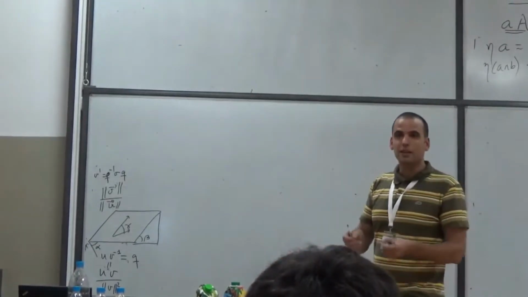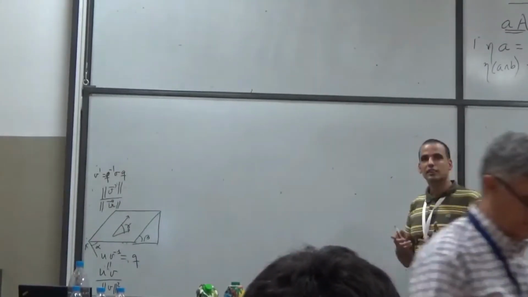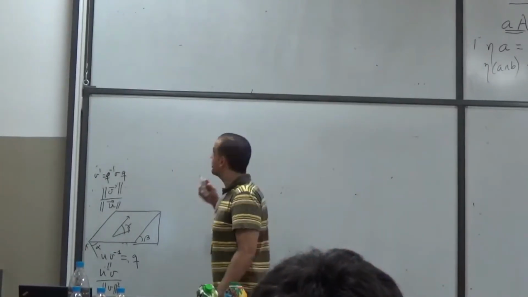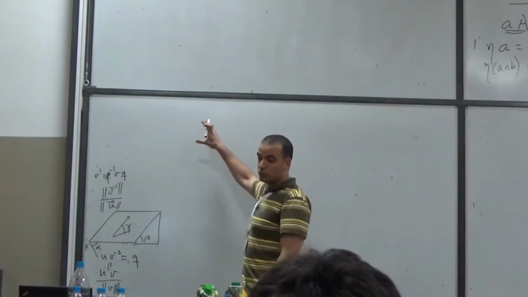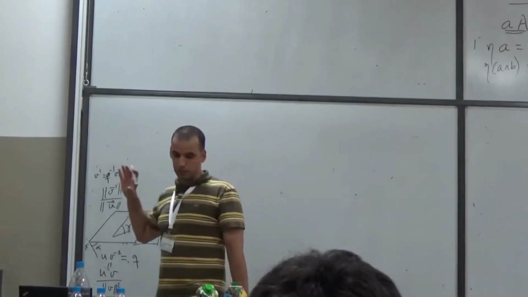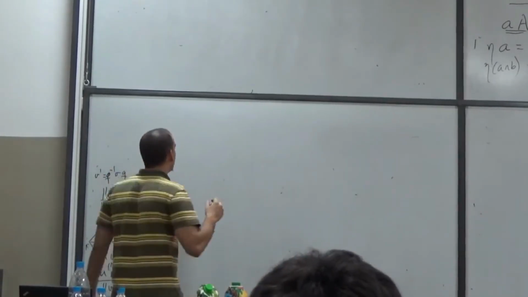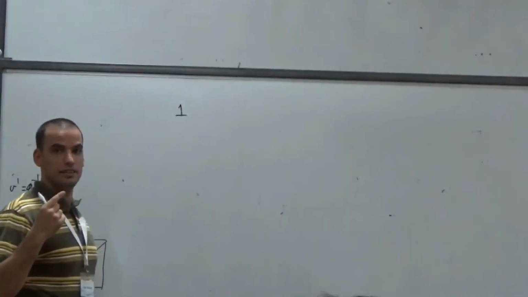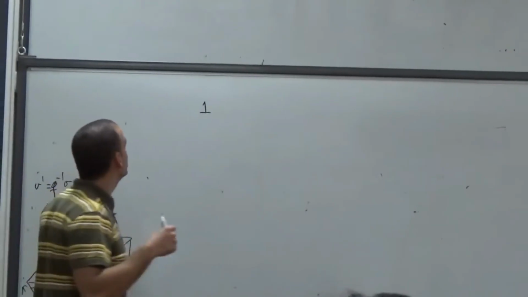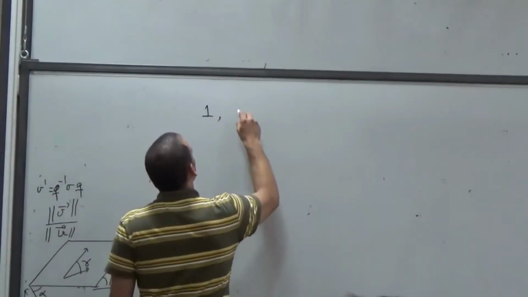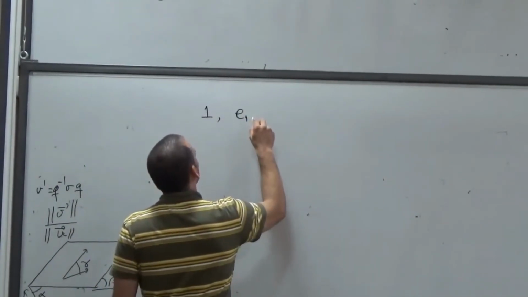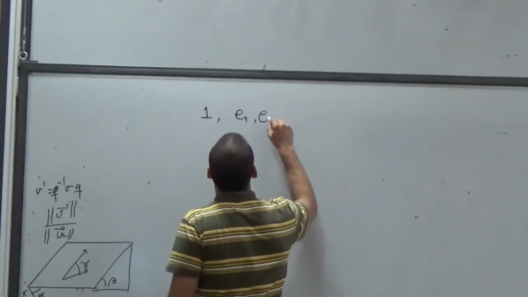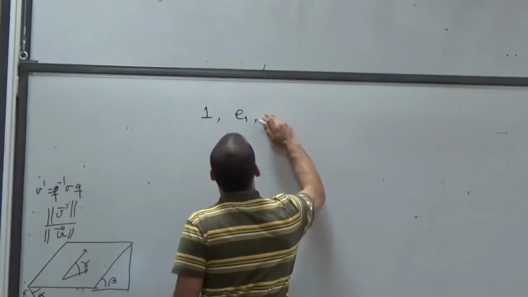It's very close to the basis in Clifford algebra, in the exterior algebra, except that we have the identity. So we have, let's say, three independent unit vectors in space.